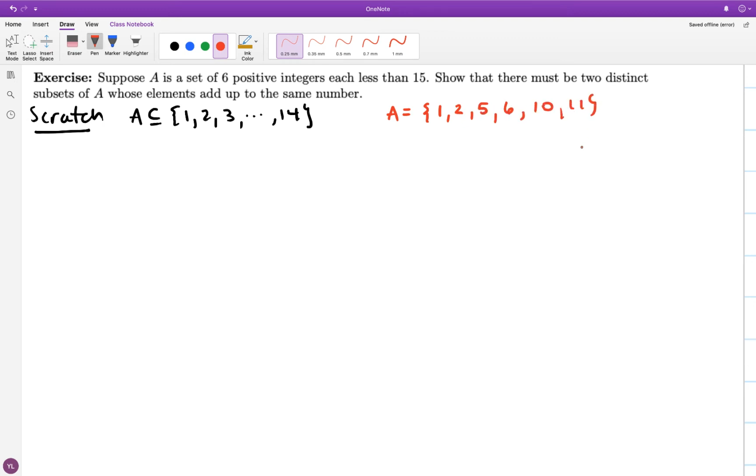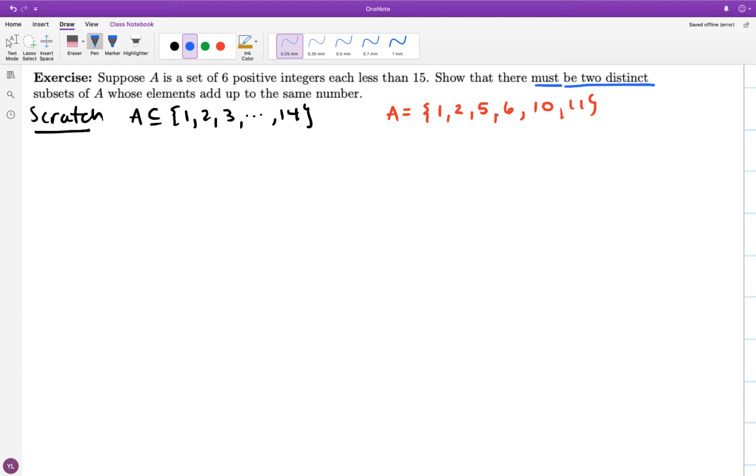So just some selection of 6 numbers amongst these 14 numbers, yeah? Okay, but we want to consider A sort of at random. So A could be any selection of 6 numbers. What I want to show is, regardless of what A is, I can find at least 2 different subsets of A whose elements add up to the same number.